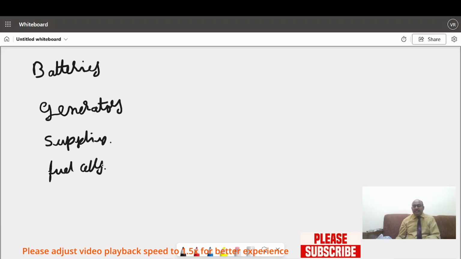Millions are now being spent by major automobile manufacturers to build affordable fuel cell vehicles. Previously, DC sources were only two, batteries and generators. After that, power electronics and solid state developments brought supplies. After that, with renewable energy sources, the latest development, fuel cells came. These are the types of DC sources.